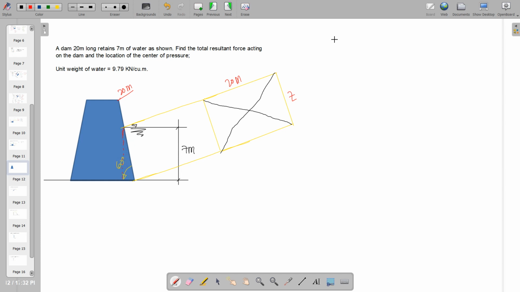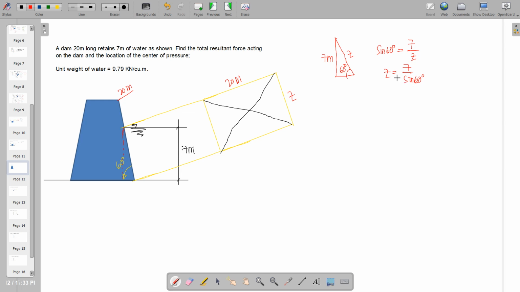On that right triangle, this is the inclined dimension we need, this is 60 degrees, and this is the 7 meters. Hence we can relate 60 degrees, 7 meters, and Z by the sine function. We can say that sine 60 is equal to 7 over Z. Hence, Z is equal to 7 over sine 60.